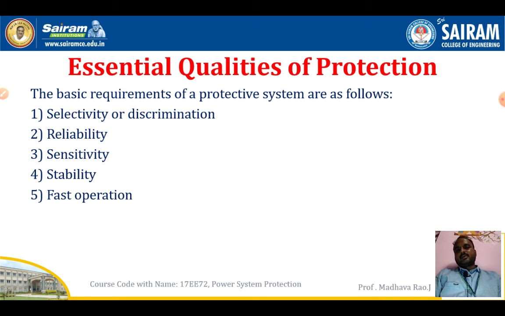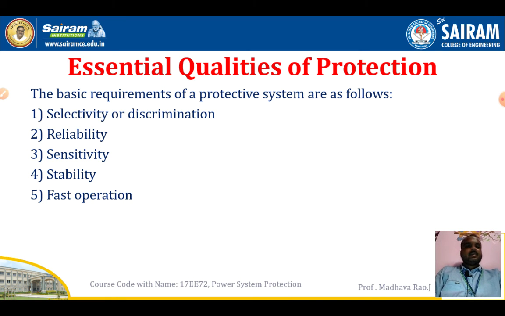To achieve reliability, a high degree of quality devices, insulation of cable, and high grade circuit breakers and relays we have to use. So we can increase the reliability of the system.